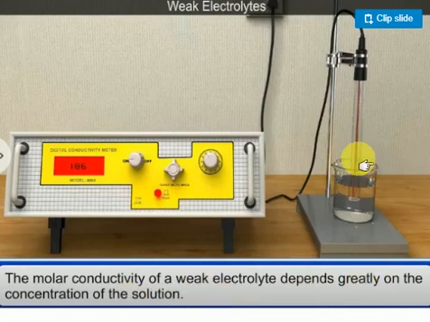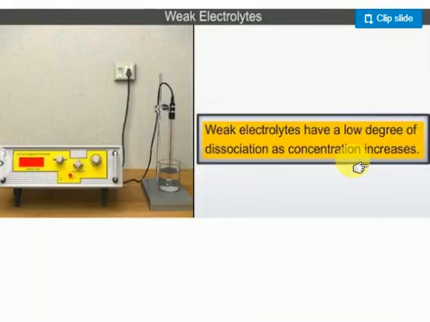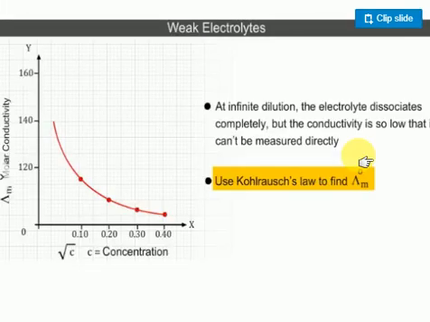At lower concentration, its conductivity will be more, because more ions dissociate. A weak electrolyte has a low degree of dissociation at high concentration. Degree of dissociation was already discussed. The alpha value is very small at high concentration. When dilution increases, the alpha value increases, dissociation increases, and conductivity increases. This is given for weak electrolytes only.